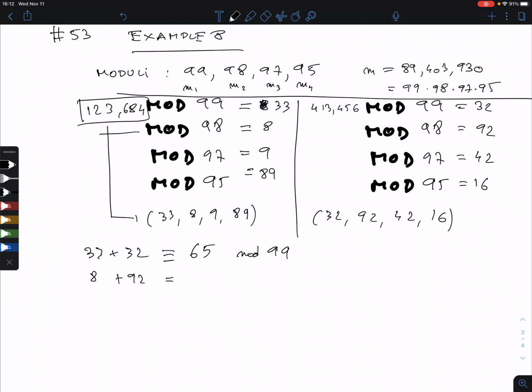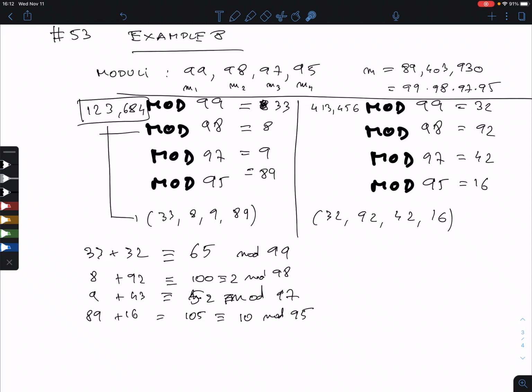This is 100 modulo 98, which is the same as 2 modulo 98. Then we do the sum of the third entries, that is 52, modulo 97. And finally, we add the last two: 89 plus 16, which is 105, which is the same modulo 95 as 10.